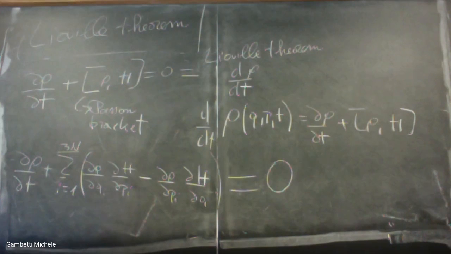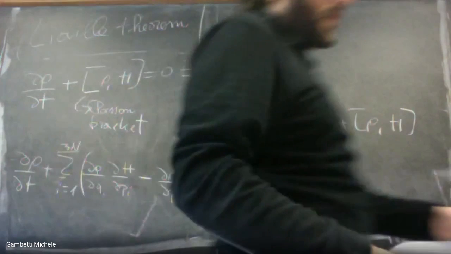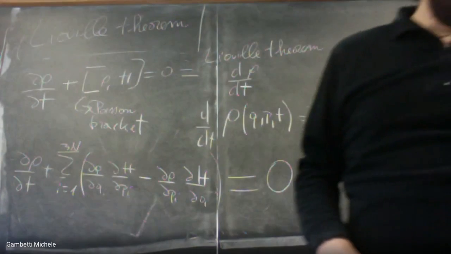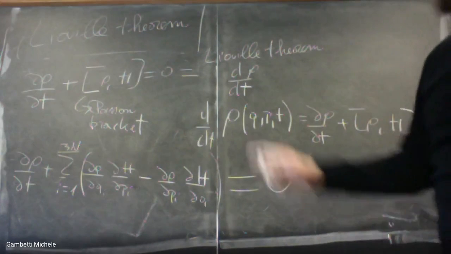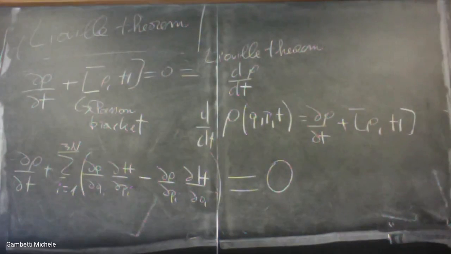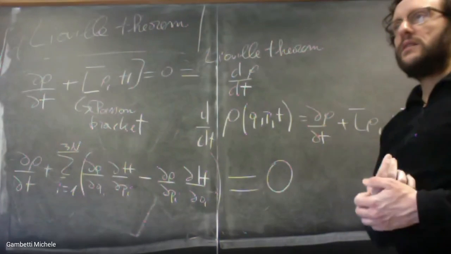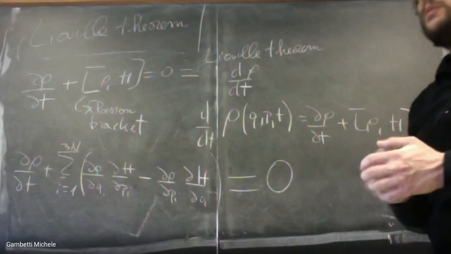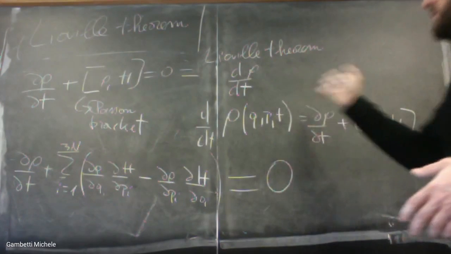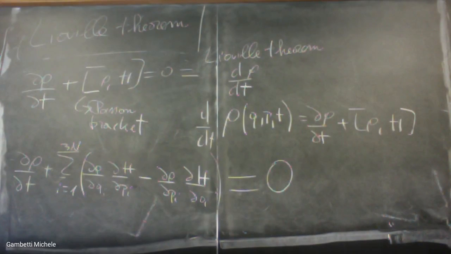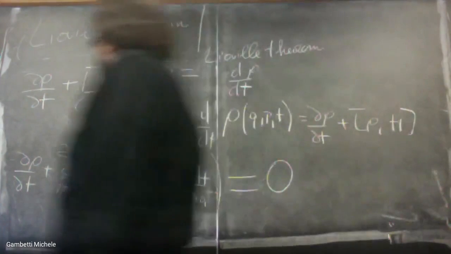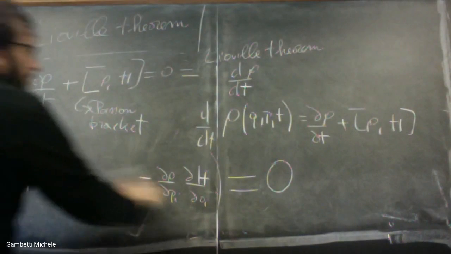So basically, the Liouville theorem is saying nothing but the fact that the total derivative of rho with respect to time is equal to 0, and it was obtained by considering the conservation of the number of representative points inside this volume, and then the Hamilton equation. Okay. So now you see, and I will conclude with this.